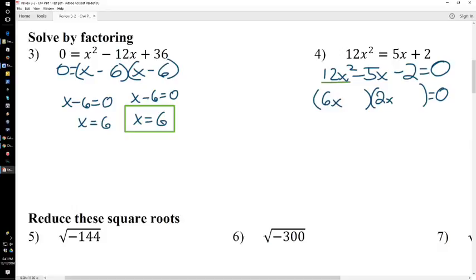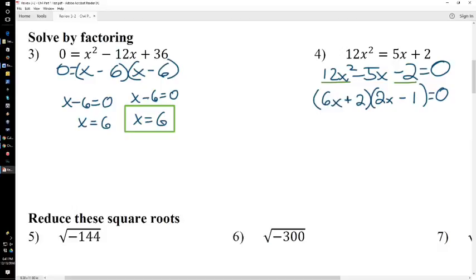Then I'm going to pick two things that multiply up to the right number. In this case, 2 and 1 are pretty much my only options. So I'll do 2 and 1. They have to multiply to a negative 2. So one of these has to be negative, so I'll put negative 1 and a positive 2. They have to be different signs, because in order to multiply to a negative, they've got to be different signs.